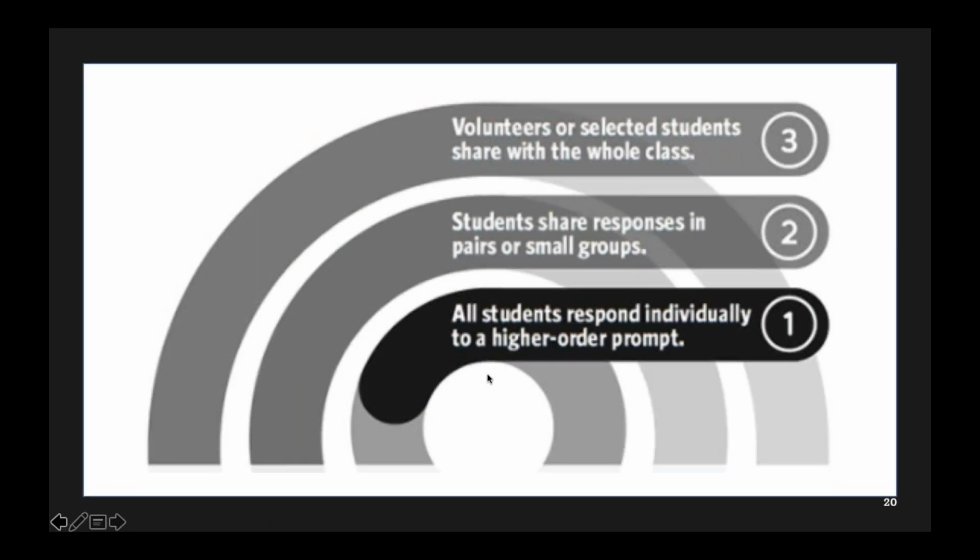We need to pose the question in the ripple effect so that all students process and respond individually. Students share in pairs or small groups, and then we call out. So remove from your vocabulary, "Who can tell me?" Let's move to having all students engaged in thinking and responding to the questions, the prompts, and the content we present to them.